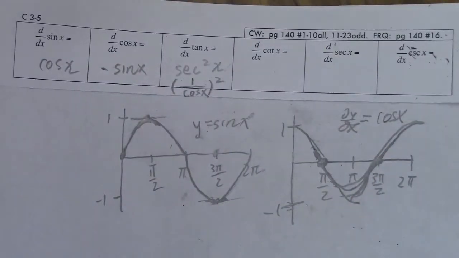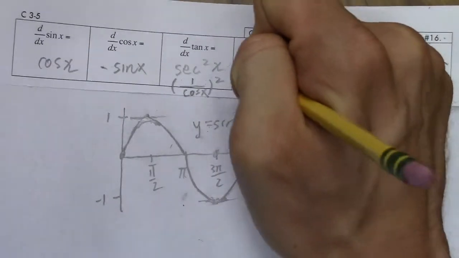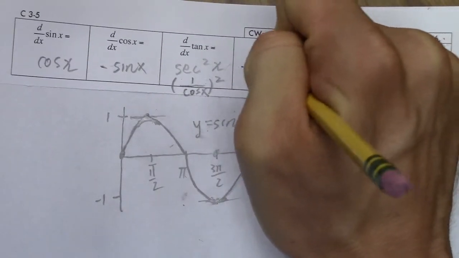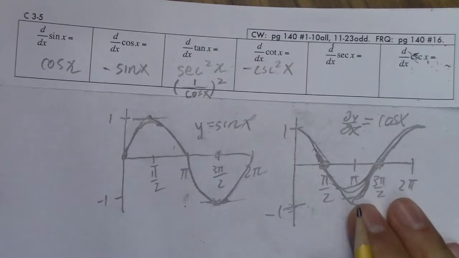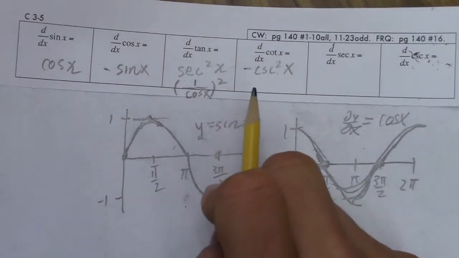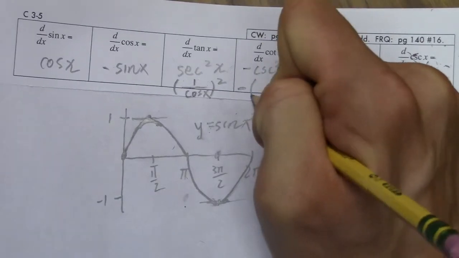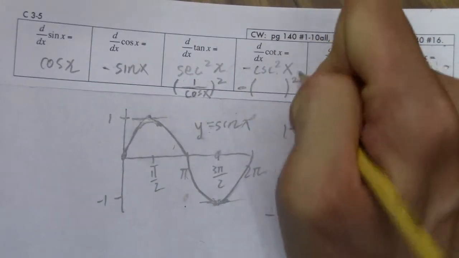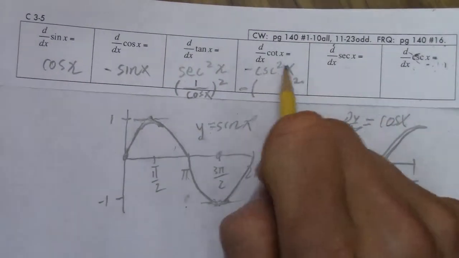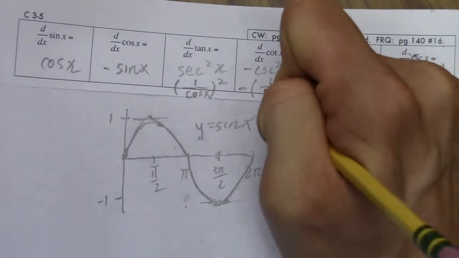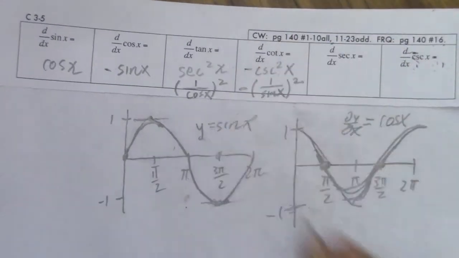And then the derivative of cotangent is negative cosecant squared. To type this into the calculator, it's negative and then parentheses squared. And cosecant is 1 over sine of x.